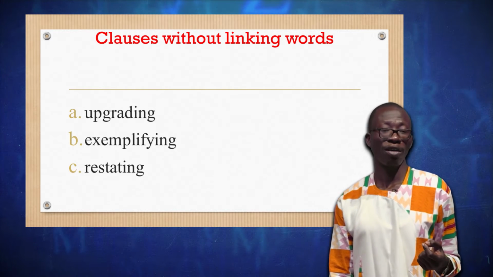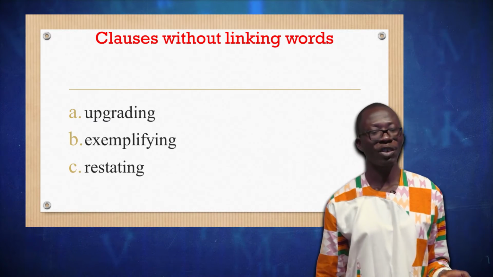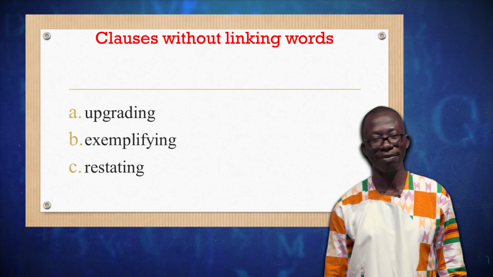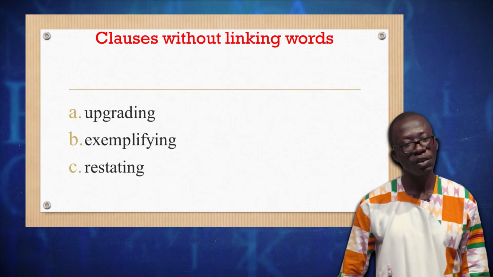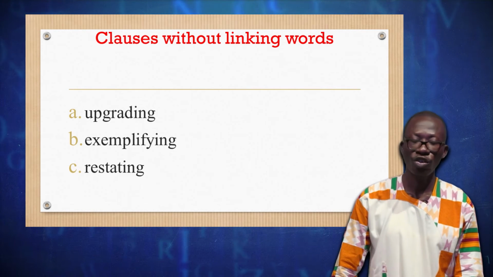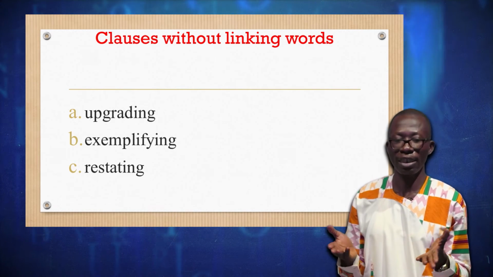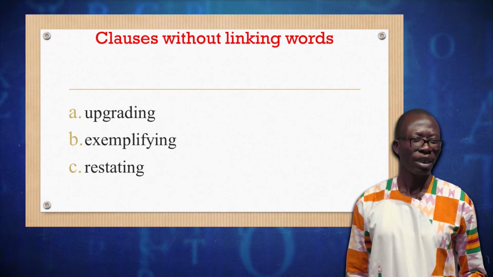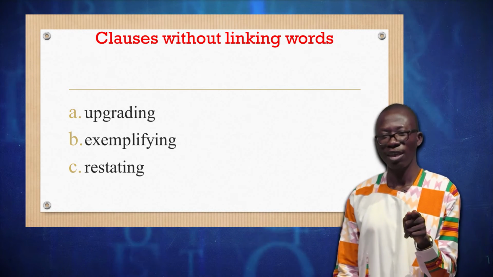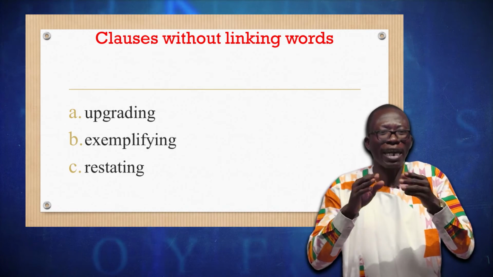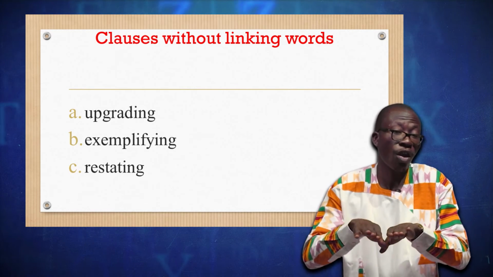So we use a method of upgrading to establish connection between clauses without using subordinators or coordinators. We use exemplifying, another method where you can establish connection between your clauses in a sentence without actually using coordinators or subordinators.